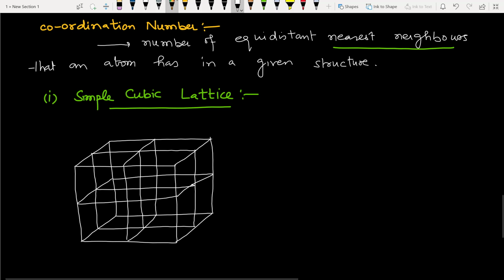So here now we will depict the various atoms. So these are 8 atoms. Join these 2 points as well. So this is 1 unit cell. So in this cube, there will be 8 unit cells of simple cubic arrangement.